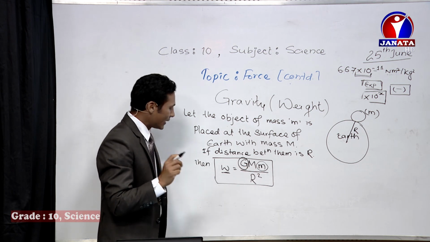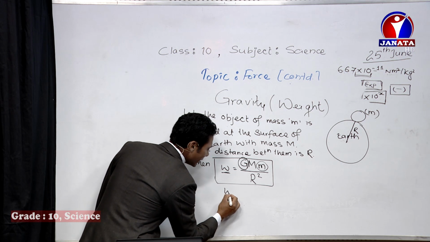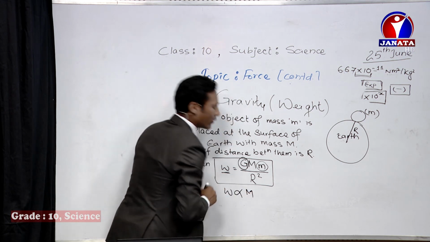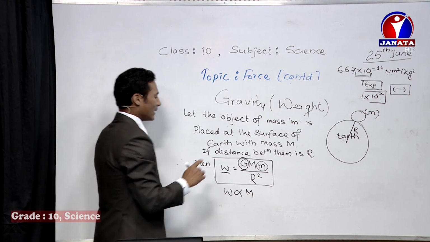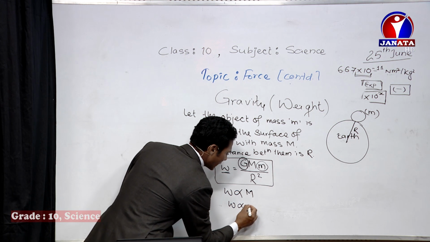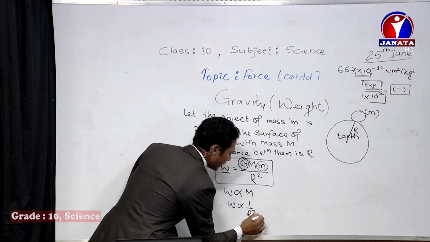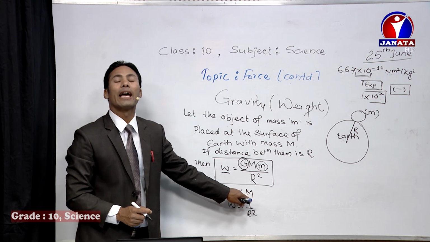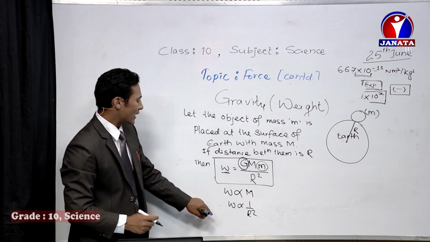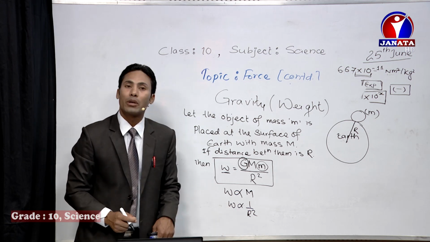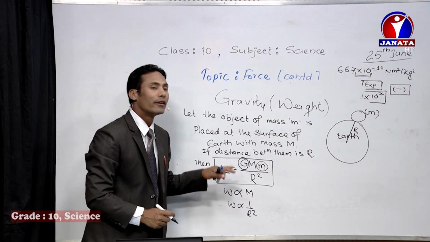Then this weight is proportional to the mass of the heavenly body, and inversely proportional to the square of the radius. So weight is directly proportional to the mass of the heavenly body, right? And similarly the weight or the gravity is inversely proportional to the square of the radius.